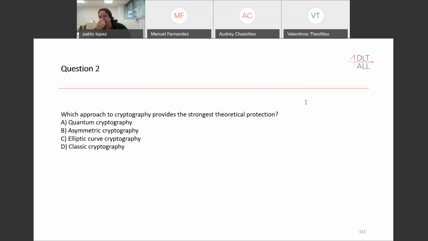Okay, we've got three options out of four. When we are talking about the strongest theoretical protection, it can be interpreted depending on what your theoretical basis is.